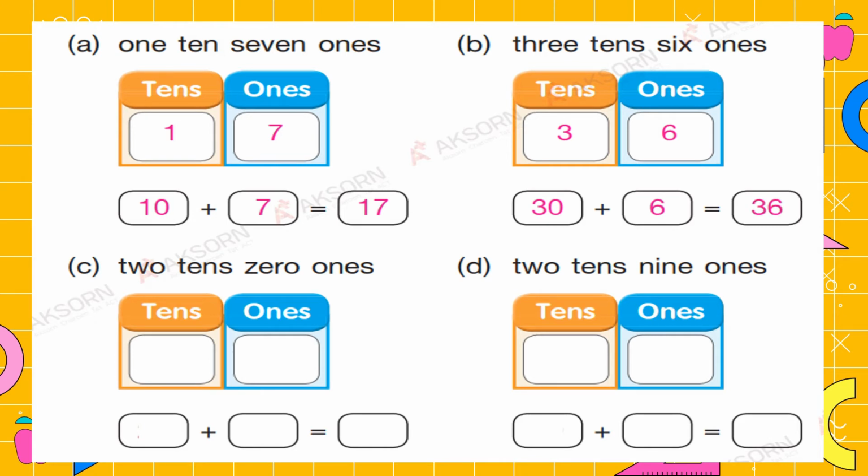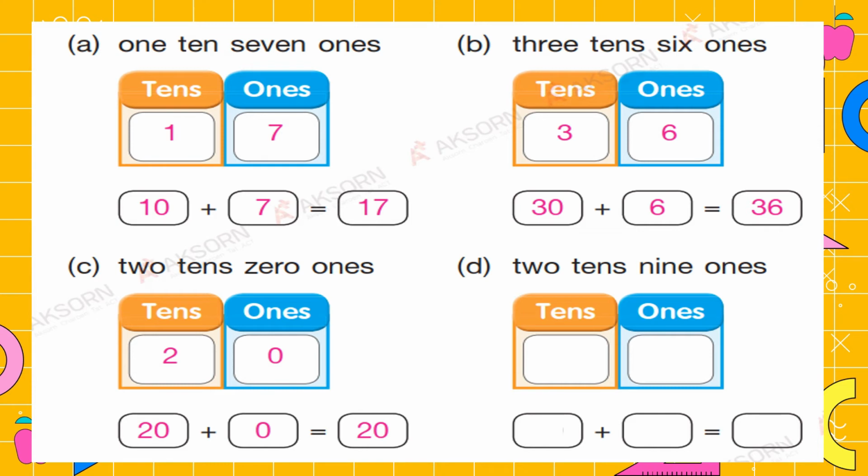Okay, for letter C, we have 2 tens. So we're going to write 2 in the place value chart, and then 0 ones. How many ones? 0. Okay, now let's write it in the expanded form. We have 2 tens, 20 plus 0 is equal to 20. Very good.